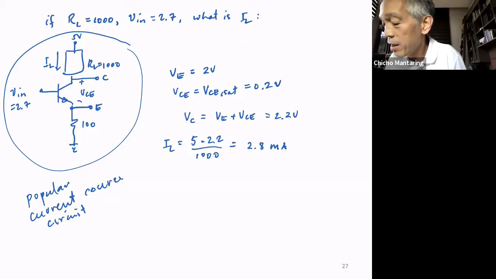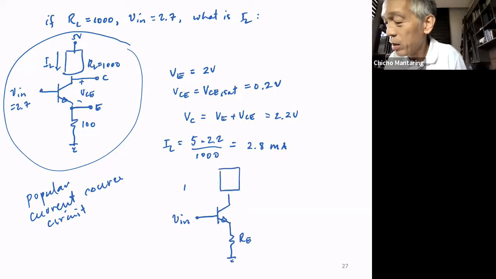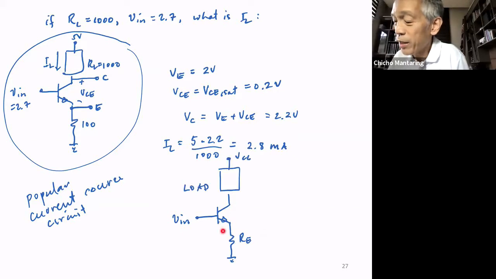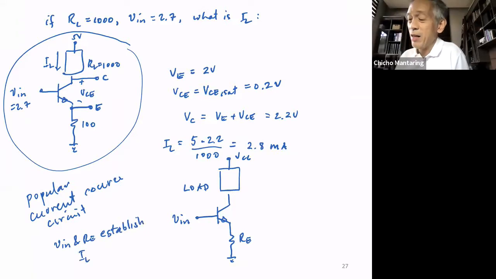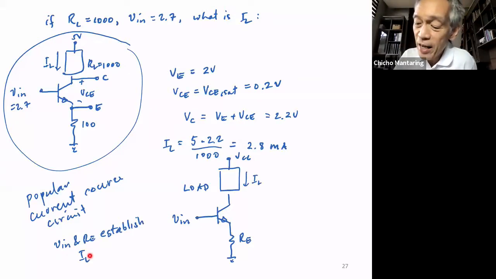You have V in, and then you have RE, and then your load, and then you have VCC. This is a popular current source circuit. V in and RE establish IL. So this is IL. V in and RE establish IL.